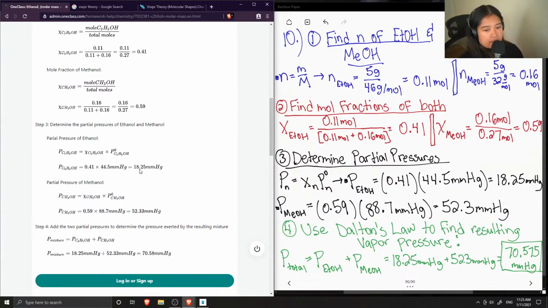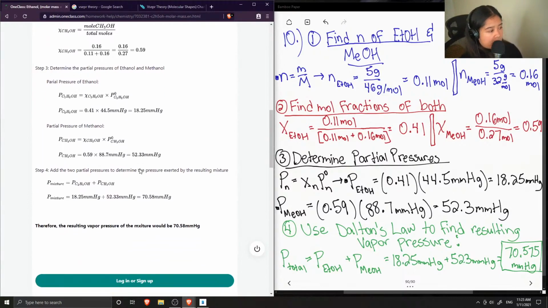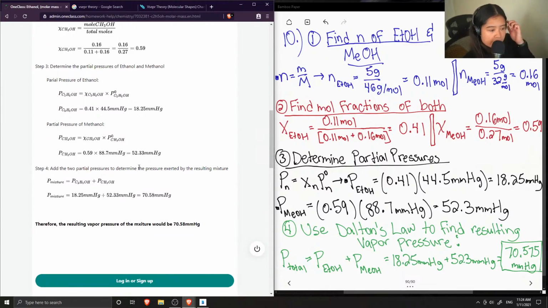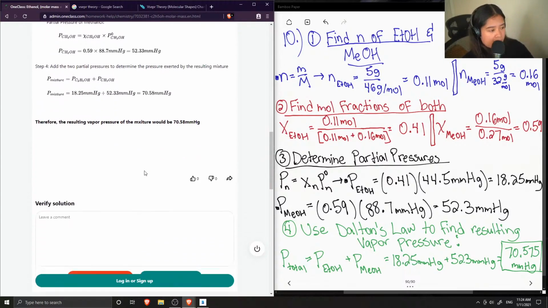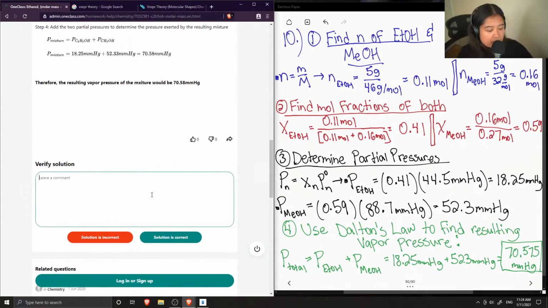So they got 18.25 and 52.33. And then lastly, add the two partial pressures to determine the pressure exerted by the resulting mixture. So they got 70.58 millimeters of mercury. Yep, so that's what I got as well. So this solution is correct.